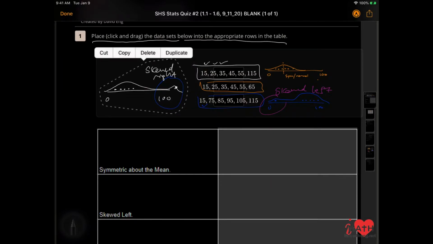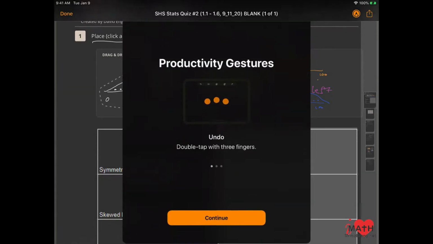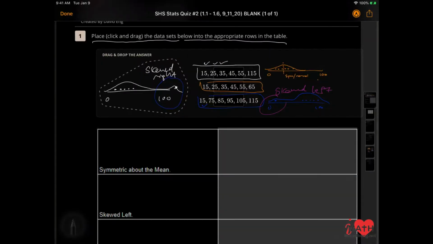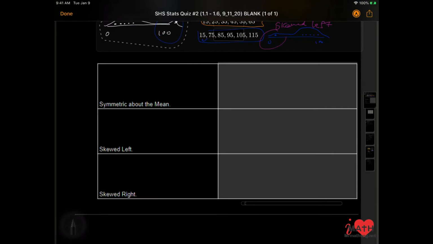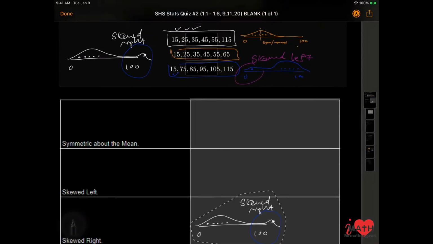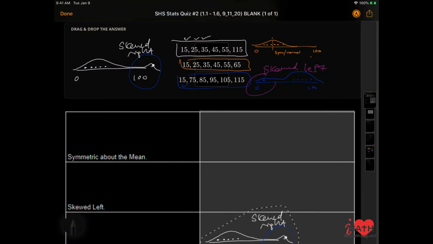Let's see if I can copy and paste these. Let's go ahead and drag it over here. And let's try to copy and paste that one.